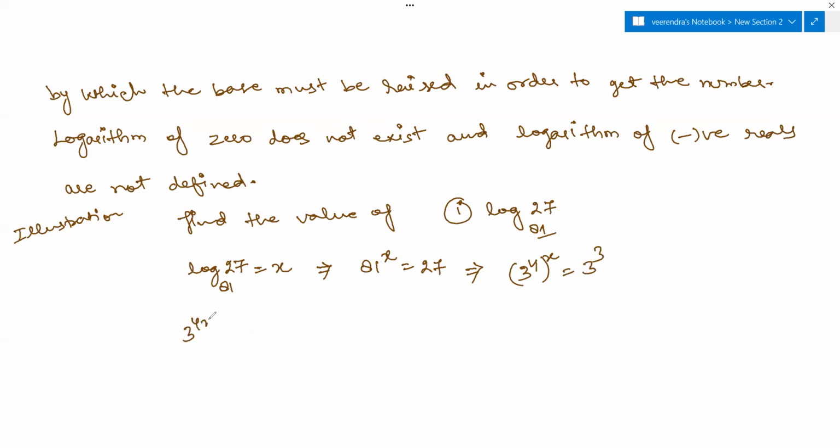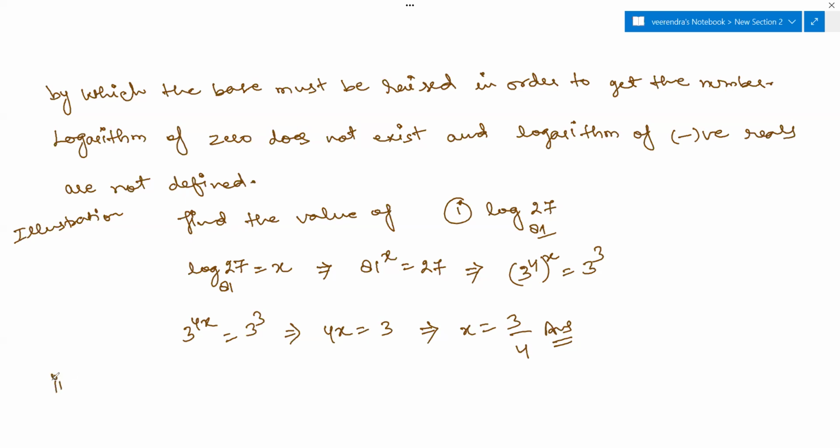So 3 power 4x is equal to 3 power 3, which implies 4x equals 3, which further implies x is equal to 3 by 4. So in this way we will solve the questions.